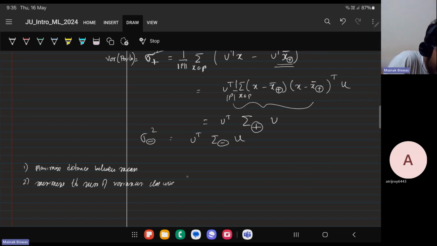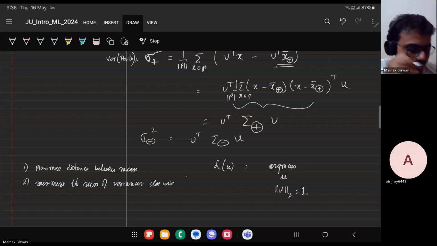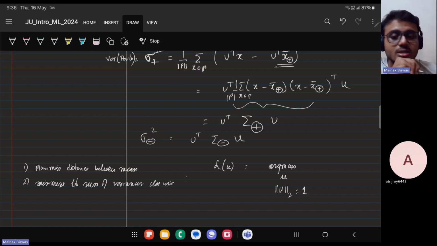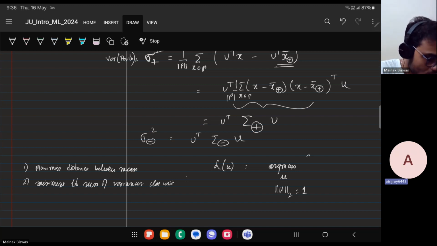Can you define a loss function for me that will be able to do that? Without a Lagrangian, I just want an optimization objective. Lagrangian will come because of the unit vector.